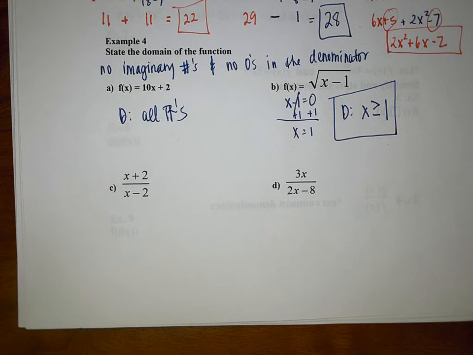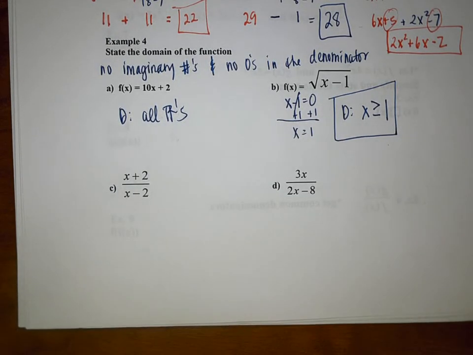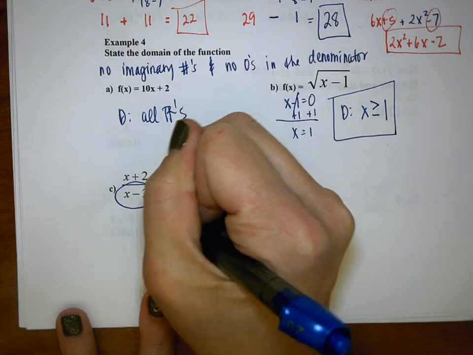Okay, what do you think about C? It won't cancel out because one's a plus and one's a minus. This doesn't cancel out. They have to be exactly the same to cancel out. What's the only thing I have to worry about on this problem? The x on the bottom. What value for x would make a 0 in the denominator? If you want to, set your denominator equal to 0 to see what value it would make.